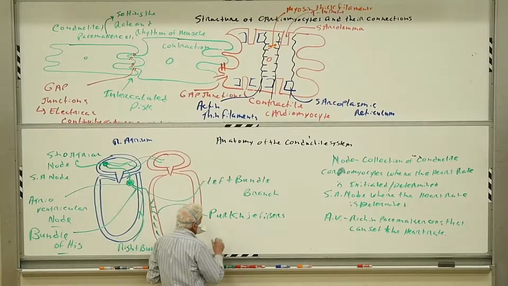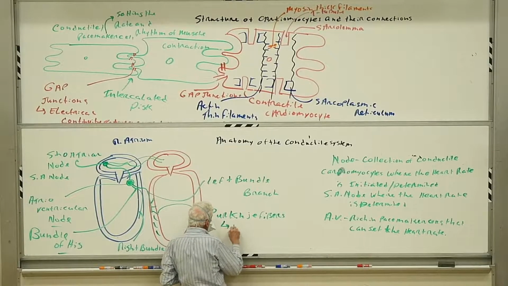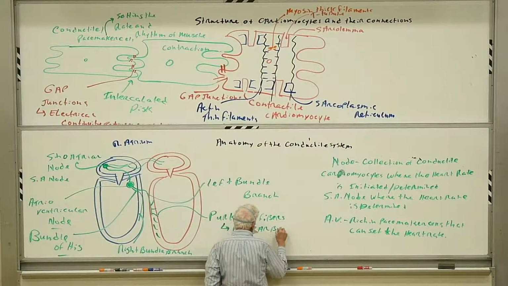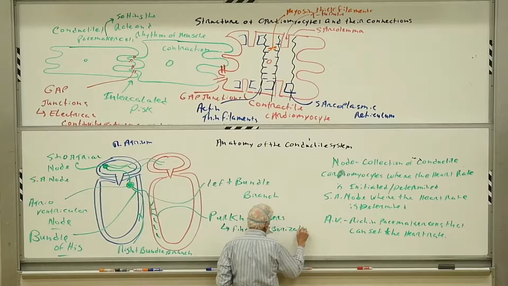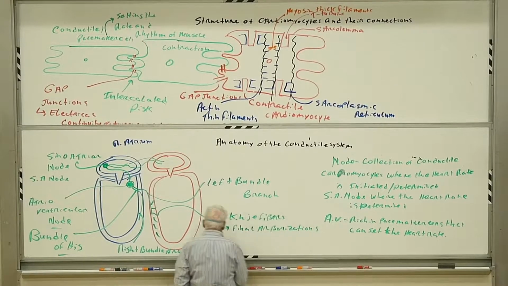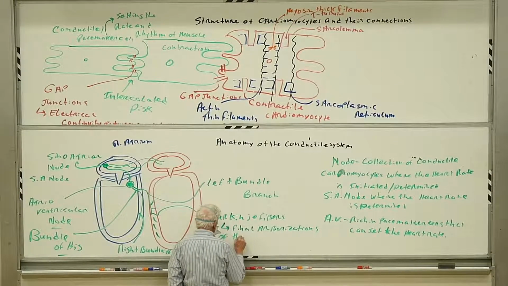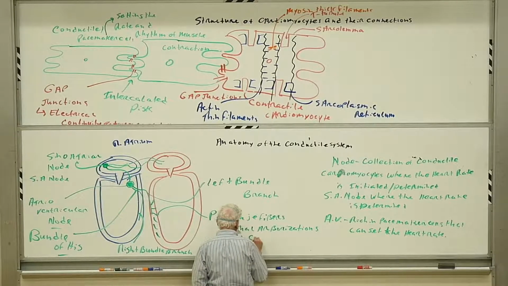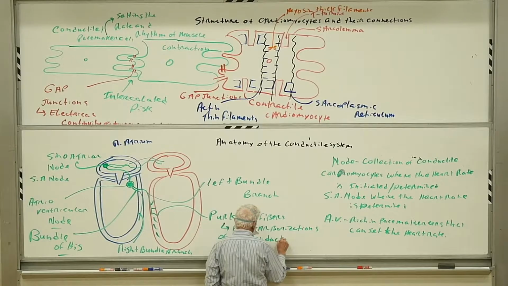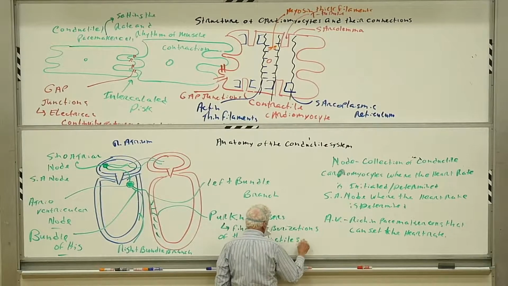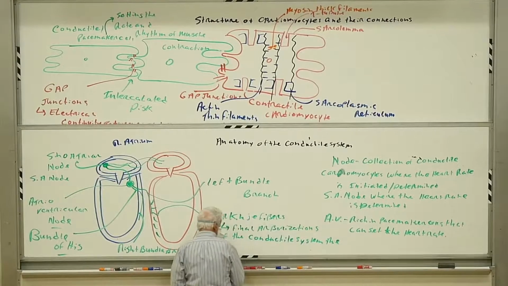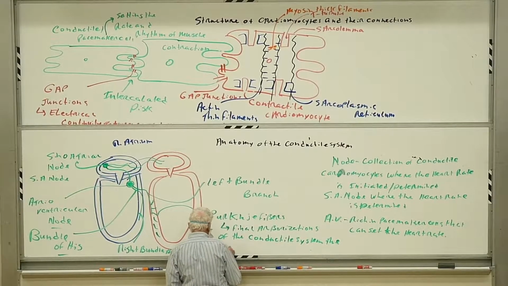These Purkinje fibers are the final arborizations of the conductile system that send electrical signals.